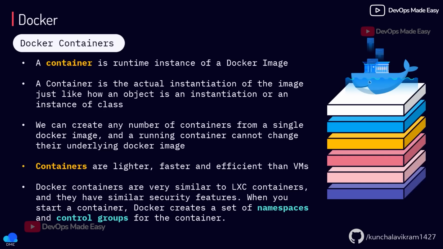Understood. And coming to containers, these are actually runtime instances of your images. If you have an image, you can create a container out of it. It is just like you have a blueprint of a building, and you're creating various instances of those buildings using that blueprint. You can create any number of containers from a single Docker image.